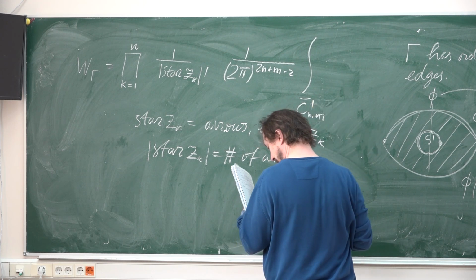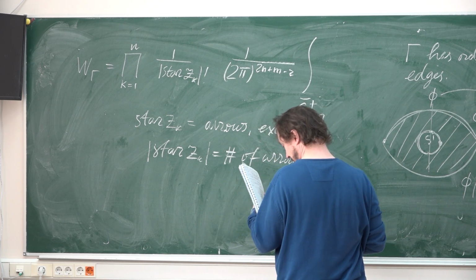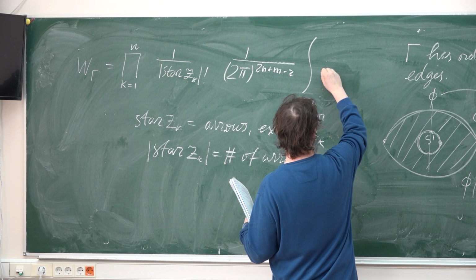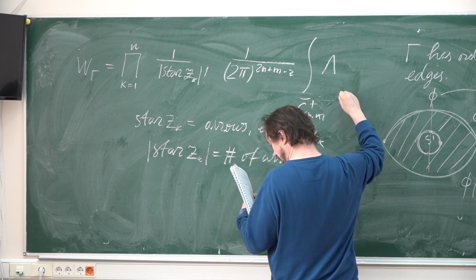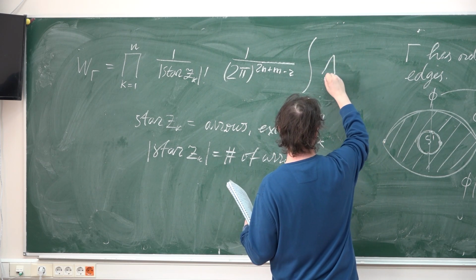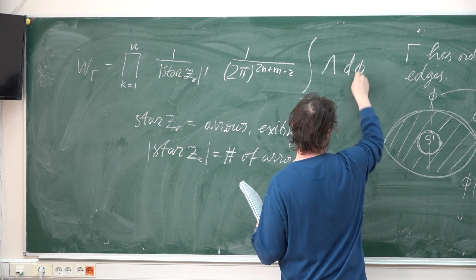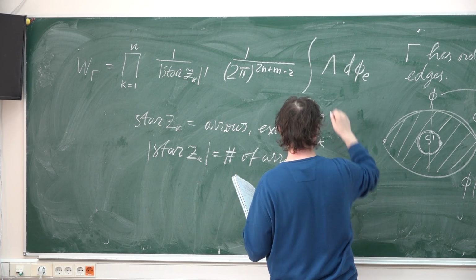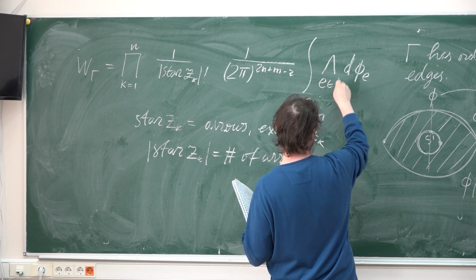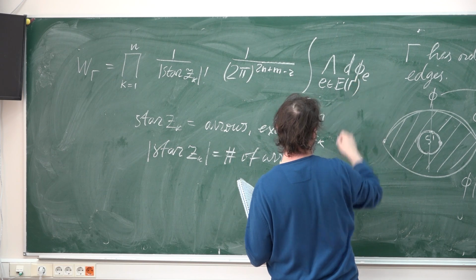I put plus here and I will explain this just a little later. But of the differential form given by the wedge product of d phi E for all edges E in the set of edges of gamma.